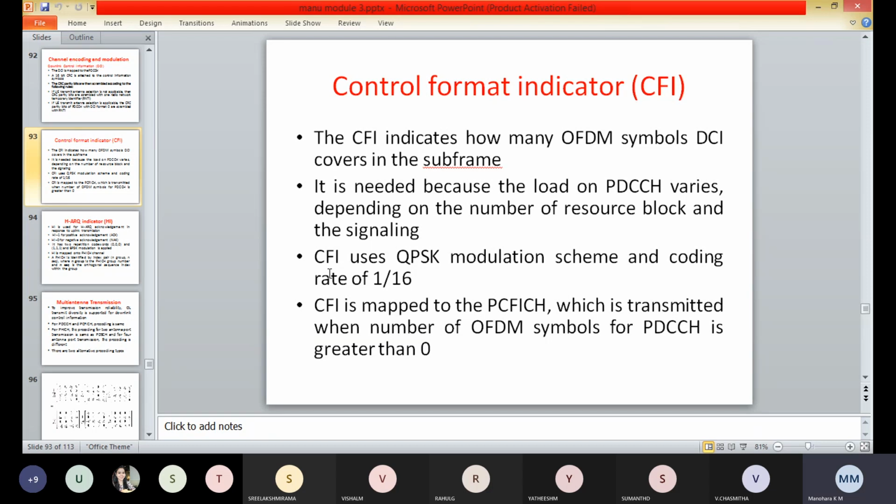The CFI is mapped to the PCFICH physical channel, carried on specific resource elements in the first OFDMA symbol of the subframe.